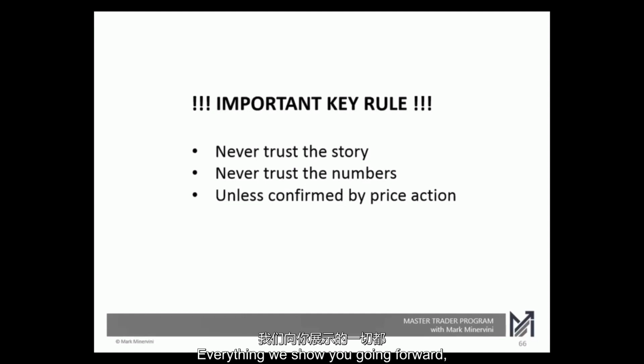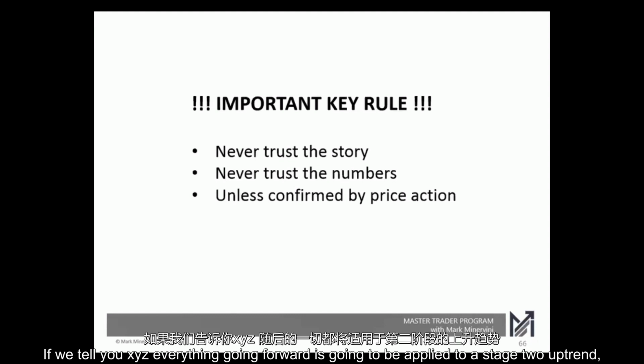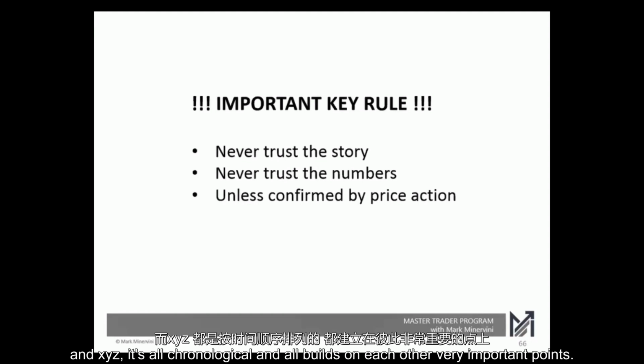Everything we show you going forward builds upon the previous lessons, so nothing negates what we told you previously. So if we say stage 2 uptrend, going forward, everything's applied to stocks in a stage 2 uptrend. If we tell you X, Y, and Z, everything going forward is going to be applied to a stage 2 uptrend and X, Y, Z. It's all chronological and all builds on each other.